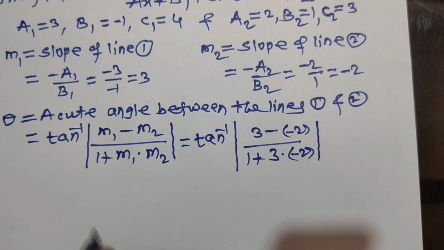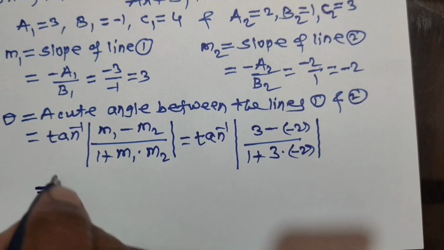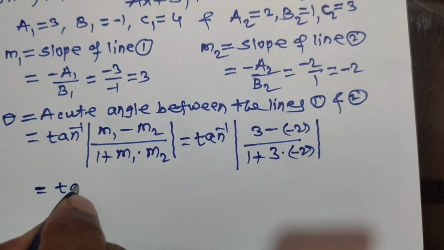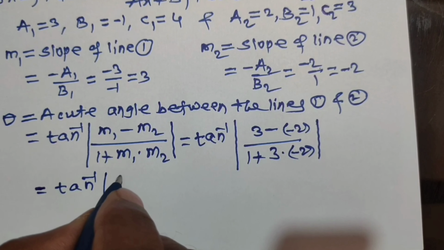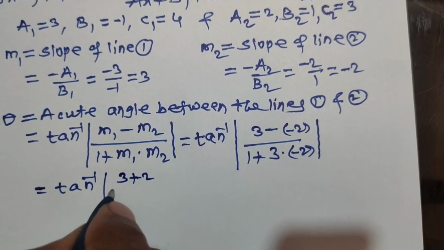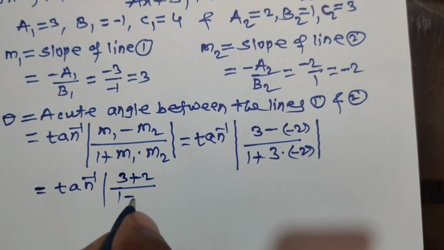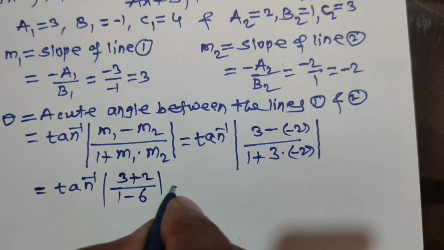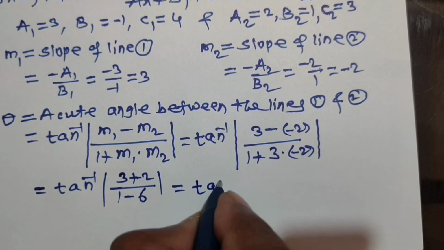Simplify this, hence theta is equal to tan inverse in modulus of 3 plus 2 is equal to 5 divided by 1 minus 3 into 2 is 6.